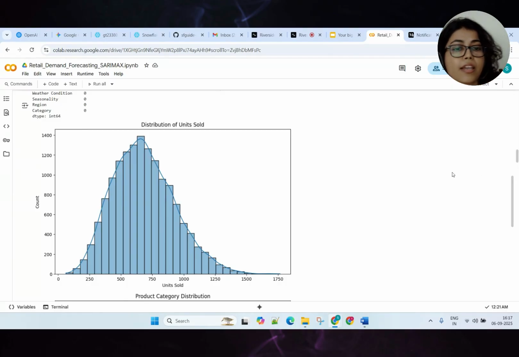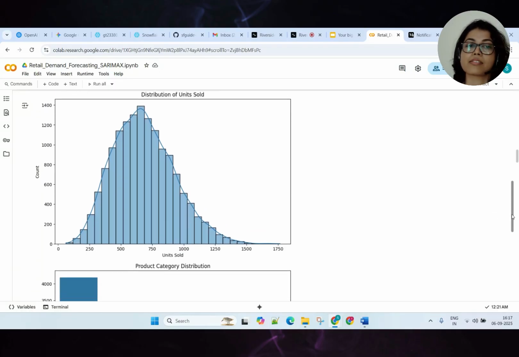Let's say this is a pretty normal distribution. If you know what normal distribution means, it is a bell-shaped curve. Let's say this was a little more skewed than we see normally. Based on this understanding, we can transform our data into a more normal format if required. That is why this exploration is crucial, and it is the first step of our analysis.